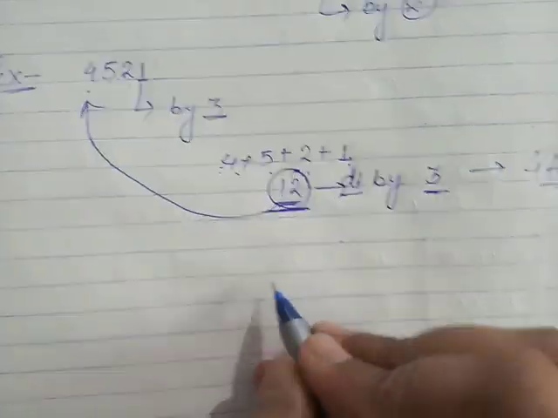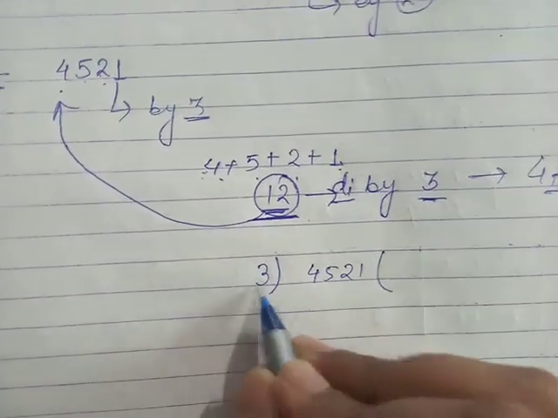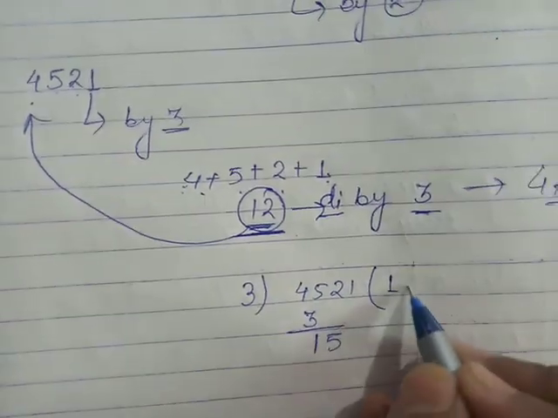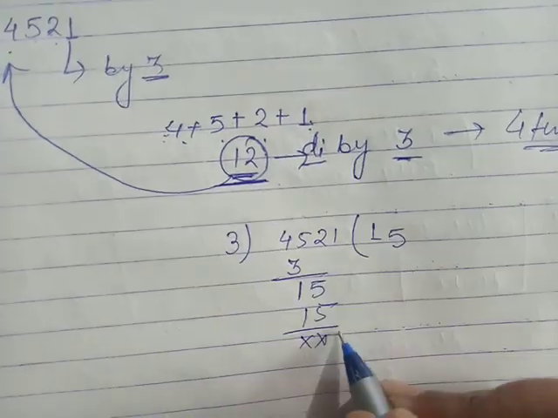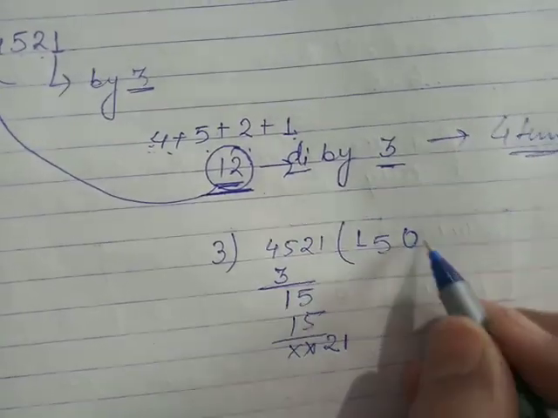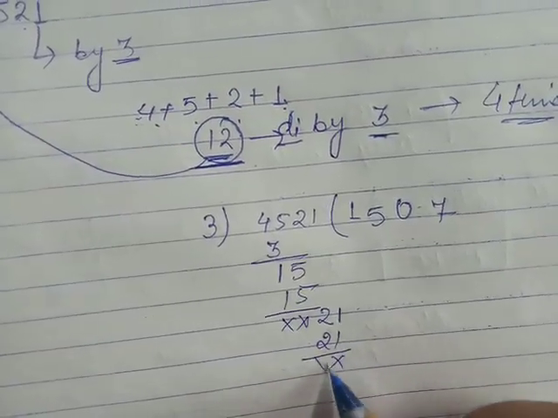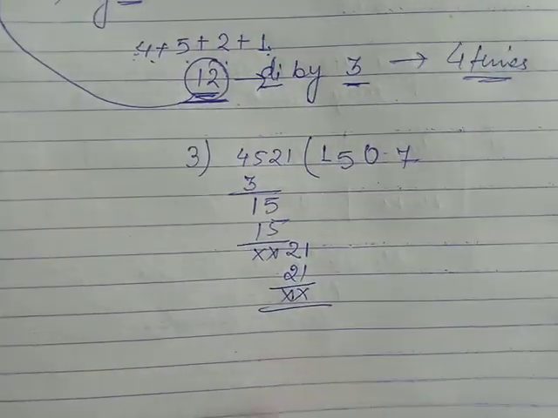Let's see by dividing this number. 3 into 4521. 3 ones are 3, 1, 5, 5 threes are 15, 2, here it will be 0 and 1. 7 threes are 21. So you can see that 3 has divided this number totally.